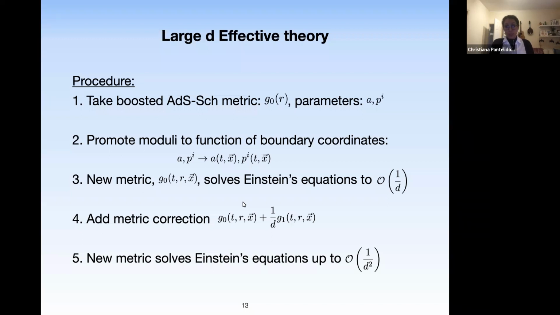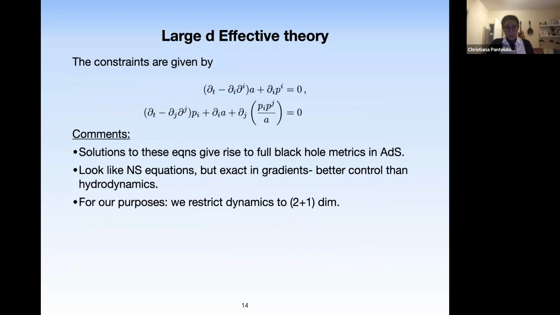And what we are left with is the so-called constraint equations, which I'm writing down here for you. So we have two such equations, one for the dynamics of the energy density and one for the dynamics of the momentum. And by the nature of these being constraint equations, they do not depend on r.